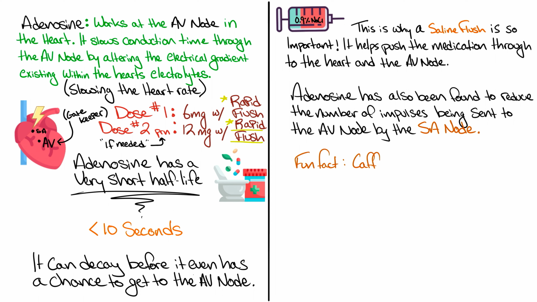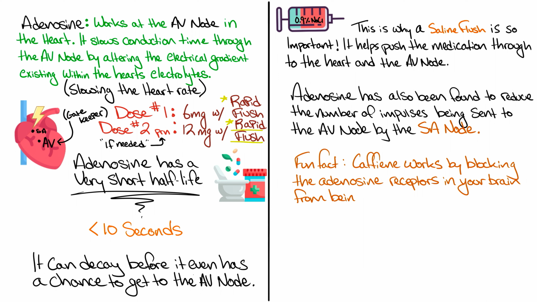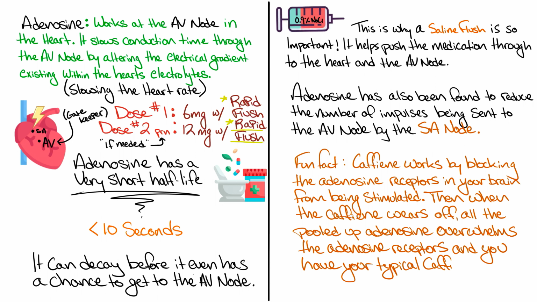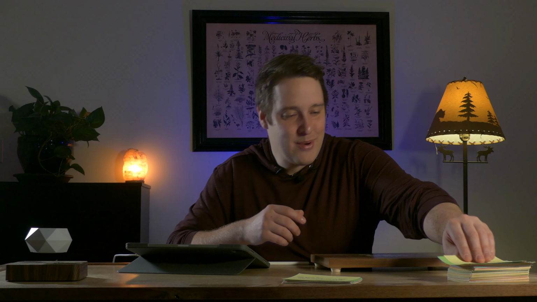Fun fact about adenosine is that caffeine works by blocking the adenosine receptors in your brain from being stimulated. Then when the caffeine wears off, all the pulled up adenosine overwhelms the adenosine receptors and you have your typical caffeine crash.